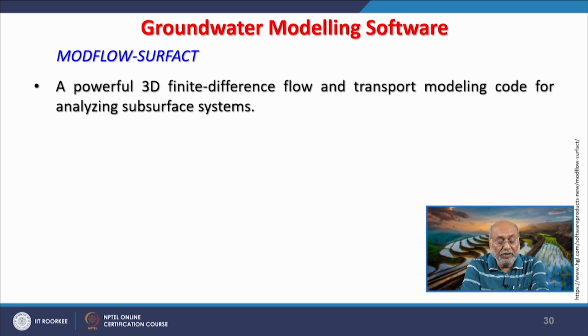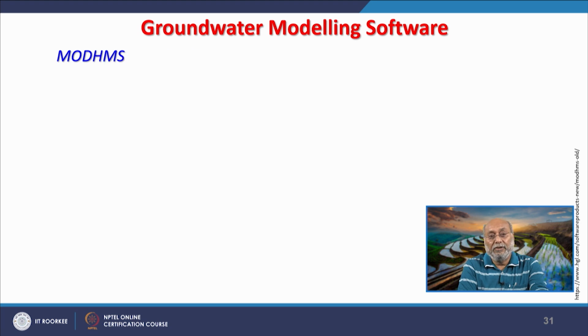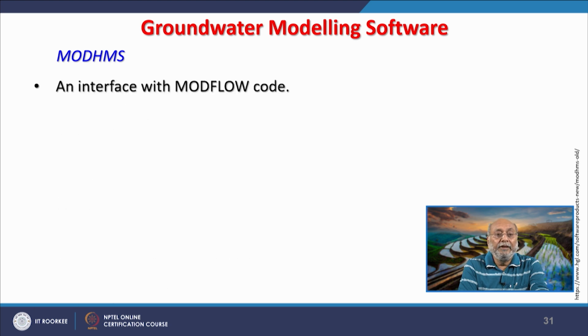MODFLOW Surfact, again, is a powerful 3D finite difference flow and transport modeling code for analyzing subsurface systems. Another model is MODHMS, which is an interface, again a kind of module of MODFLOW.